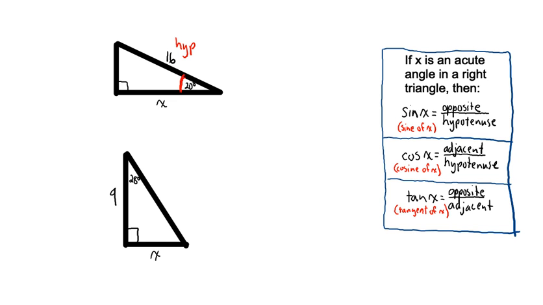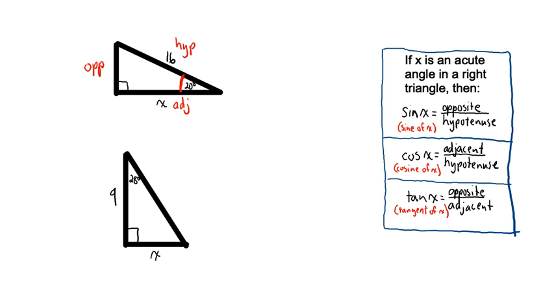It touches the hypotenuse and it touches another side, which happens to be x. The other side that the angle touches is called the adjacent side. It's next to the 20 degrees. The word adjacent means next to. Across from the 20 degrees, way across here, the furthest side away from the 20 degrees is called the opposite.